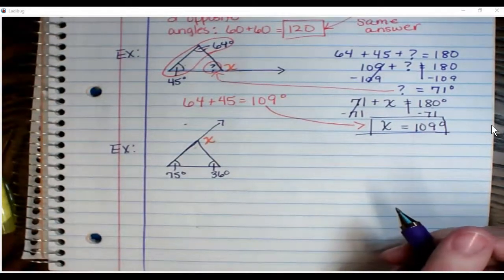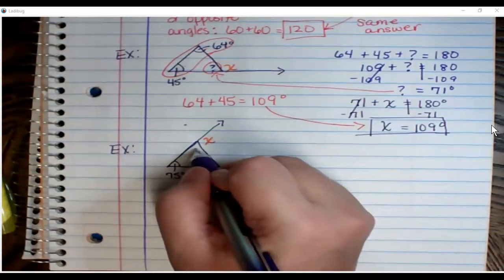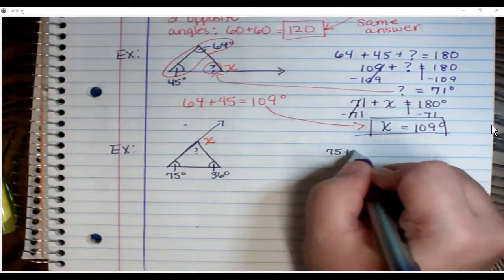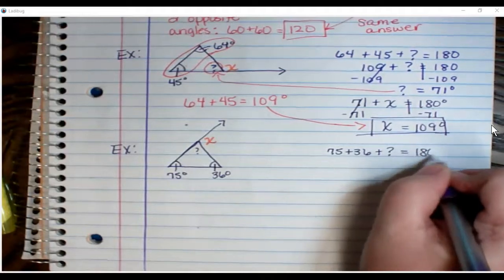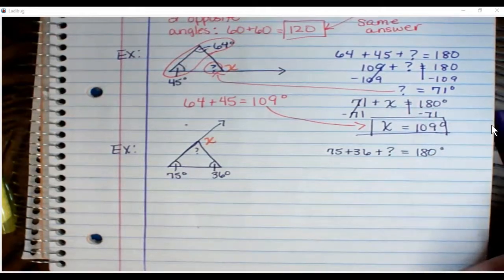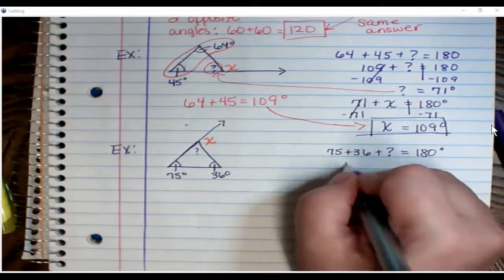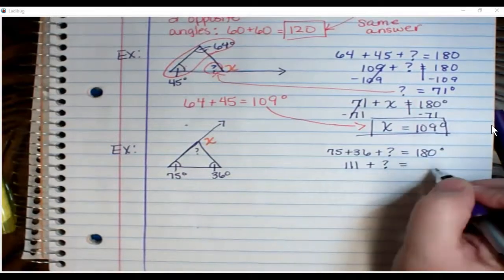All right, let's see what we can do. Well, I don't know this angle measurement, so I could say 75 plus 36 plus the angle I don't know all have to add up to be 180 degrees. 75 plus 36 is 111, plus that missing angle equals 180.